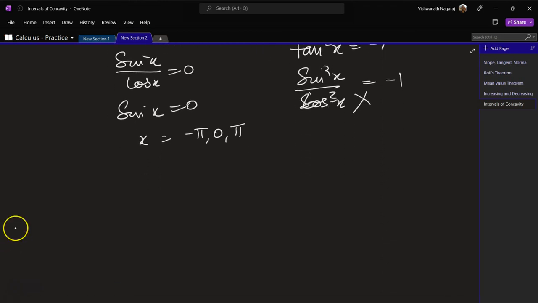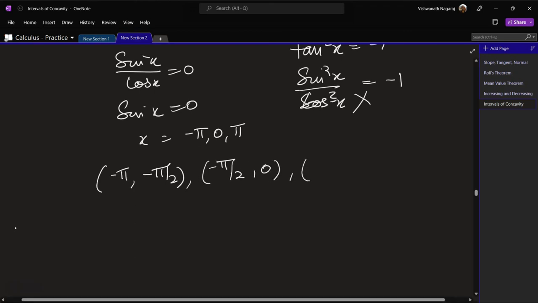So the intervals are going to be -pi to -pi by 2, -pi by 2 to 0, and from 0 to pi by 2, and finally pi by 2 to pi.